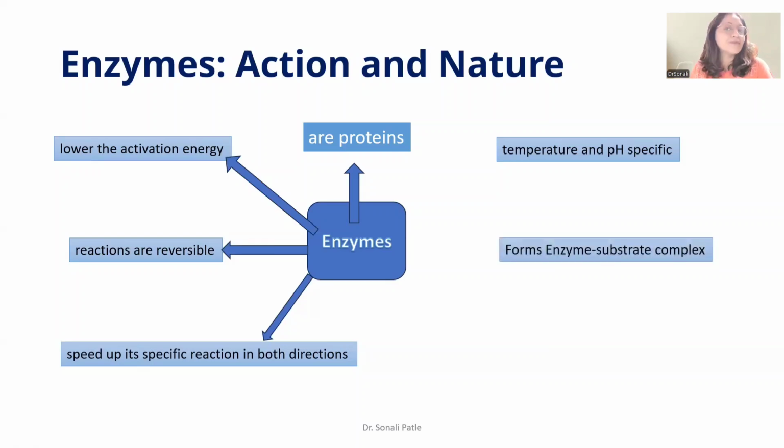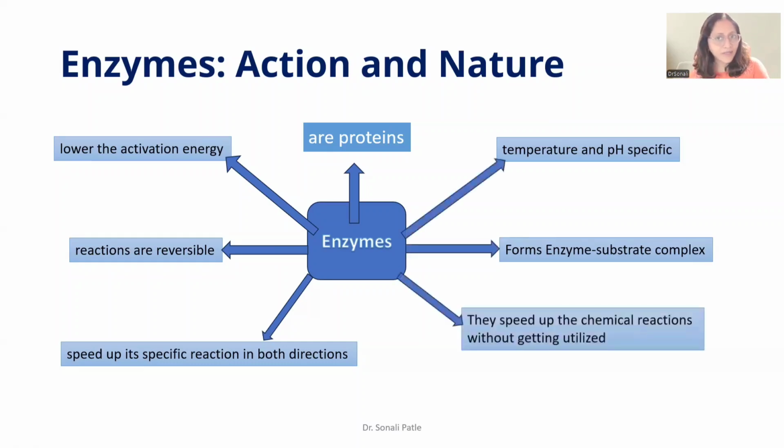They function best at the temperature which is optimum for them. They form an enzyme substrate complex, which is a temporary, or you can say unstable, substance. Later on, the enzymes are released, and the reactants get converted into the product.